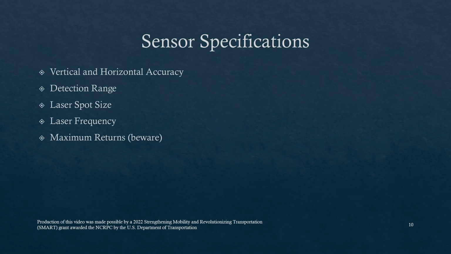This is a cautionary tale. Many manufacturers will advertise 3, 5, 7 returns as a selling point to the sensor to achieve canopy penetration. But one of the things I didn't know until working with the technology is that the further down you get in a return, the less accurate that point becomes, because it works kind of like an echo.